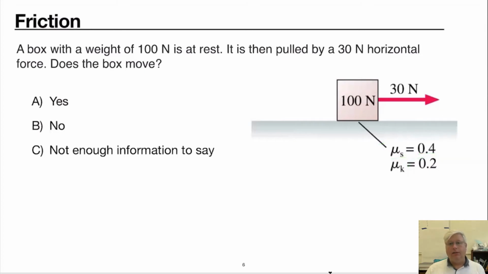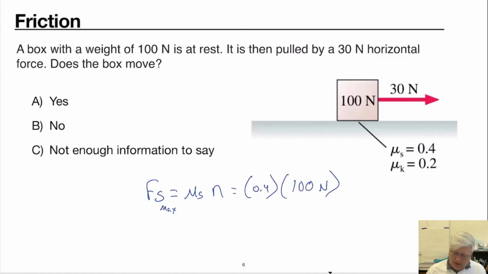If we want to determine if the box will move or not, what can we do? We know that at rest we're dealing with static friction, and the max static friction is mu s times the normal force. Mu s here is 0.4. The normal force, since it's a flat surface, is just equal to the weight, so that's 40 newtons.